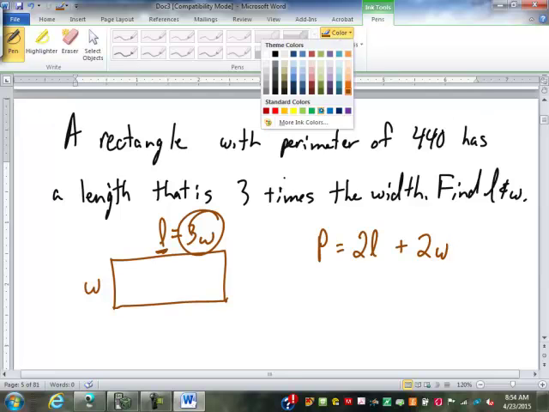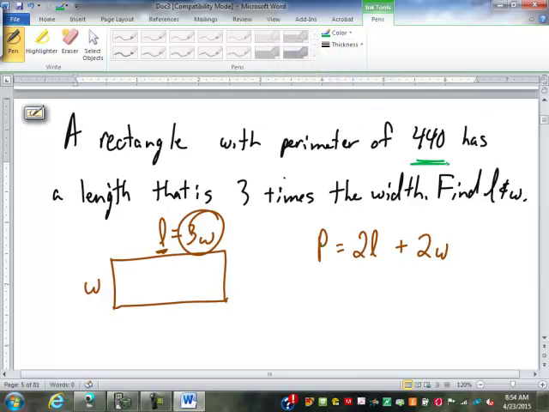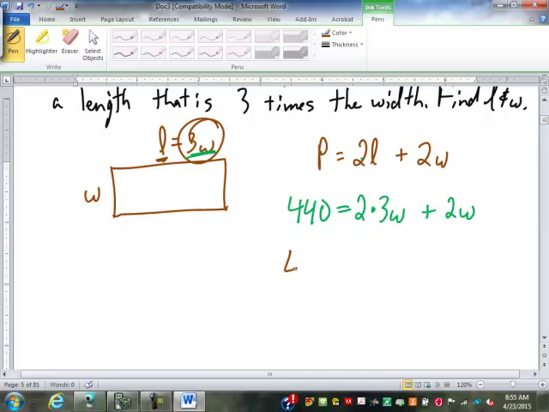So we've got our perimeter formula there. The perimeter itself is 440, so we put 440 in where the P is. 2L, well, we said we were going to use 3W in place of L, so this is going to be 2 times 3W plus the 2W there. So 440, 2 times 3W is 6W.